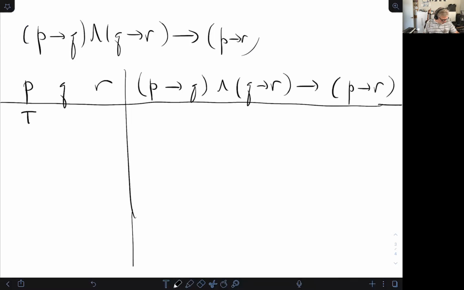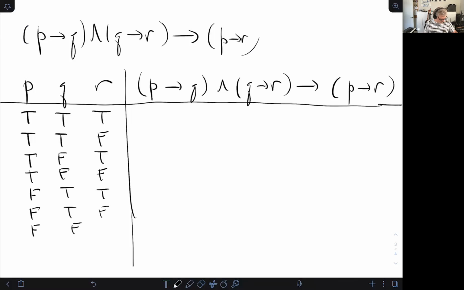True, true, true, true, true, false, true, false, true, true, false, false, false, true, true, false, true, false, false, false, true, and false, false, false. All right. I'm going to proceed just the way I did.